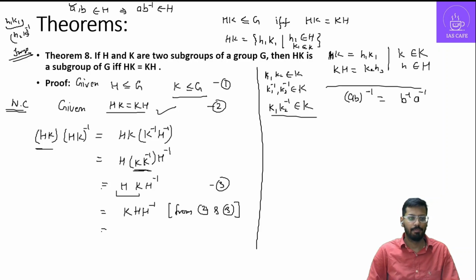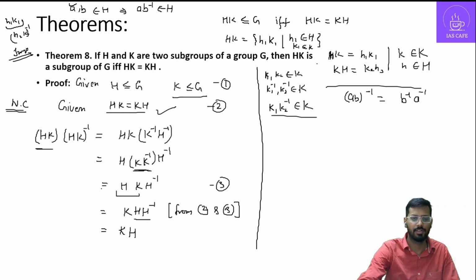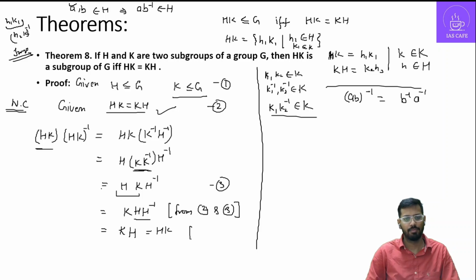Now, by again using that theorem, we can write this H inverse is equal to H. So that is equal to KH, or that is equal to HK from equation 2.